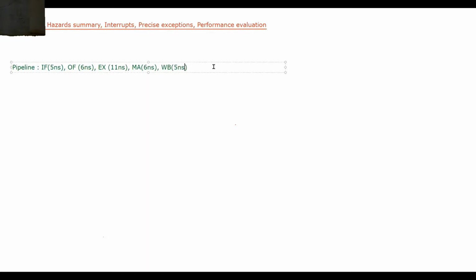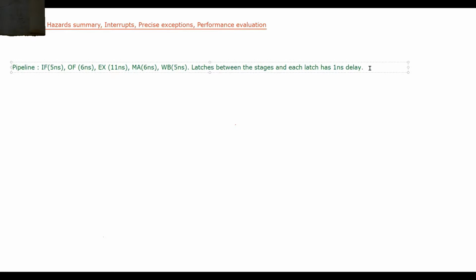And we know that whenever we have a pipeline, we have internal registers. So let's say we have latches between the stages, and each latch has 1 nanosecond delay. Okay, so this is our pipeline.